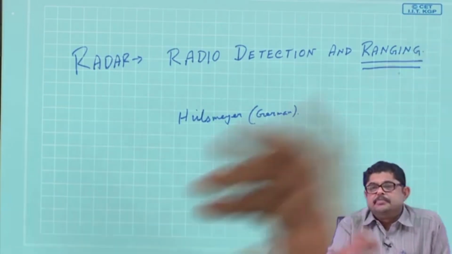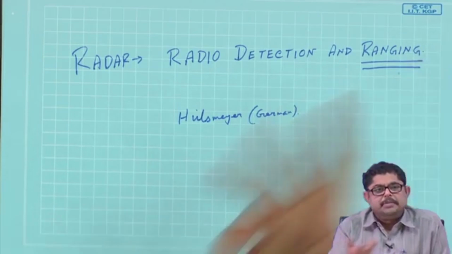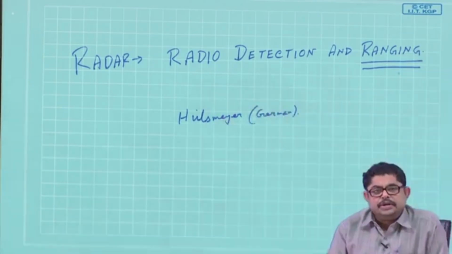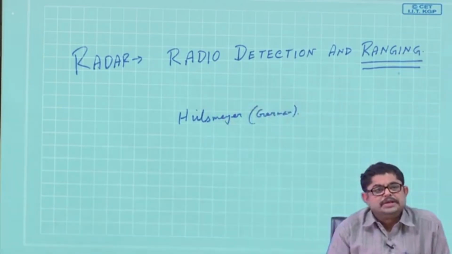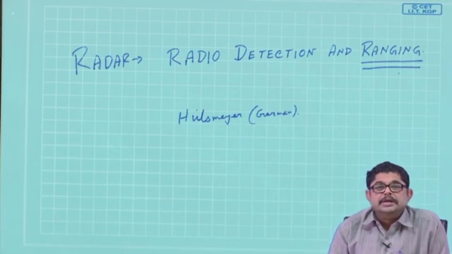Ships are generally made of wood, nowadays of good material, but in those days wood or some metallic portions. So, from that there is a sizable reflection, and it can be detected.